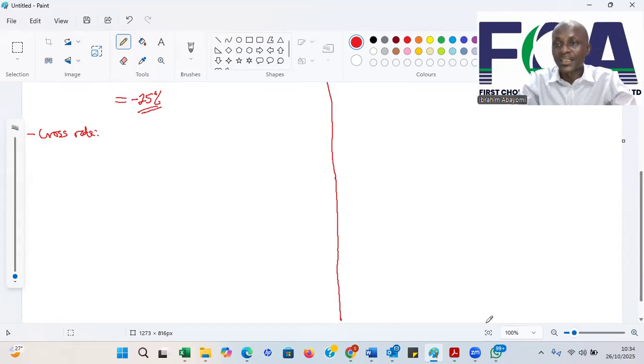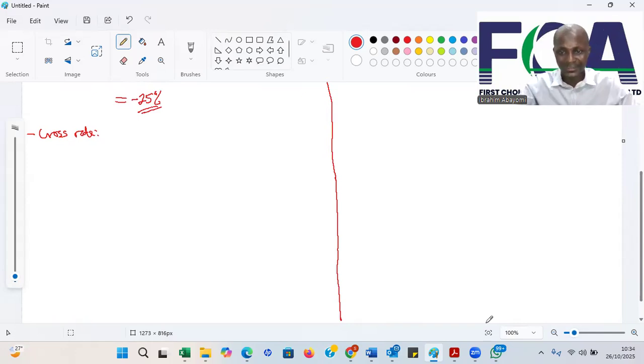In the FX market, not all currency pairs are quoted. You don't have a pair for every currency. For instance, we don't have a pair for dollar to naira, or GBP to naira, and so on. But if I know two currency pairs in the market, based on those two pairs, I may be able to calculate the third currency pair using the concept of what?